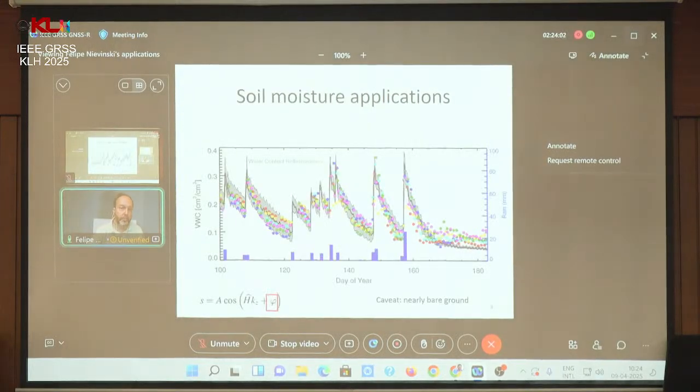Let's go for an easier one, soil moisture. But here's the trick: don't ever try to do soil moisture monitoring on a vegetated field, because you will not be able to separate the vegetation moisture content from the soil moisture. If you have grass, that's fine. Here you use the phase shift. Normally constrain the antenna height to a fixed value.